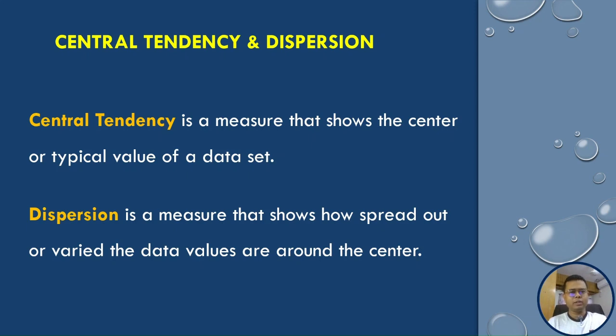On the other hand, dispersion is a measure that shows how spread out or varied the data values are around the center. It means from the mean or average, how your data is spread out, you can investigate using the dispersion analysis.